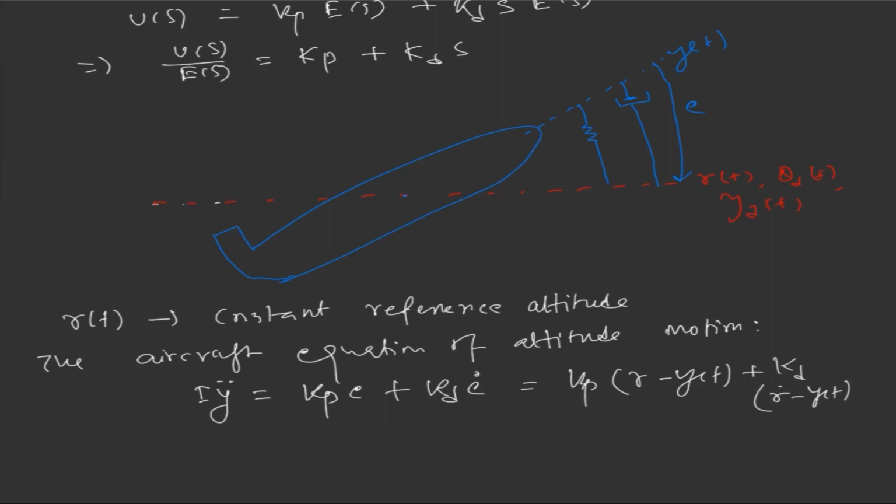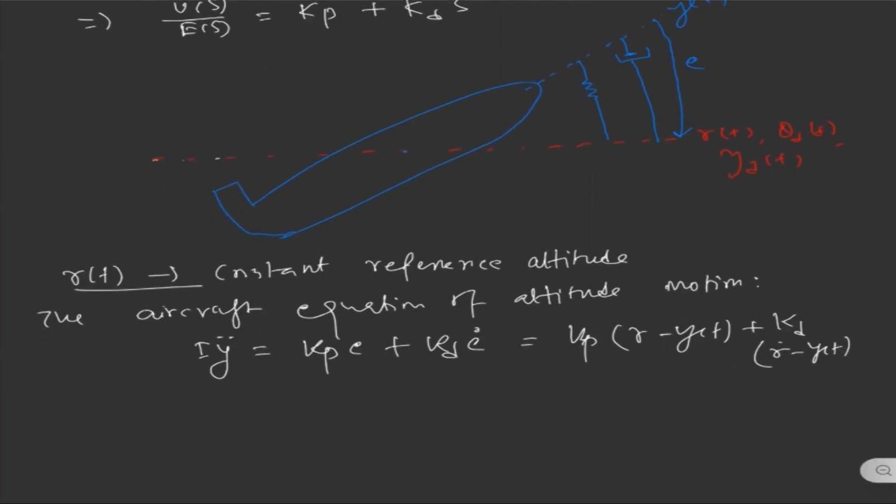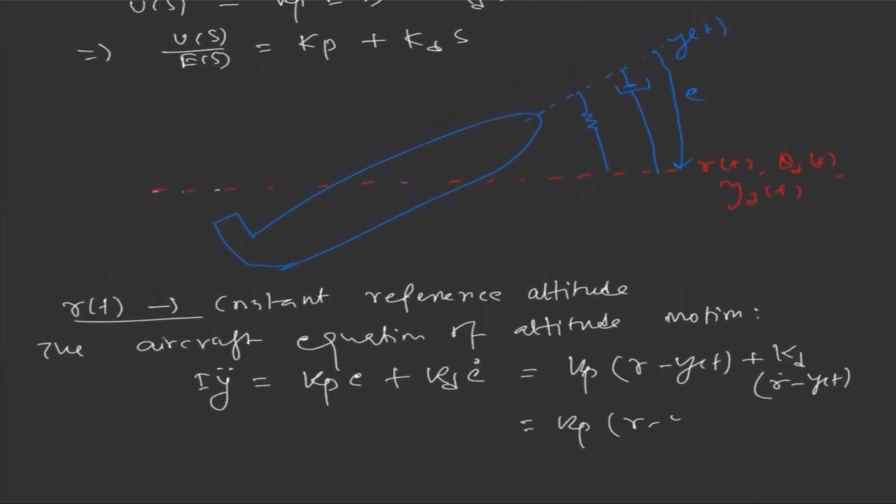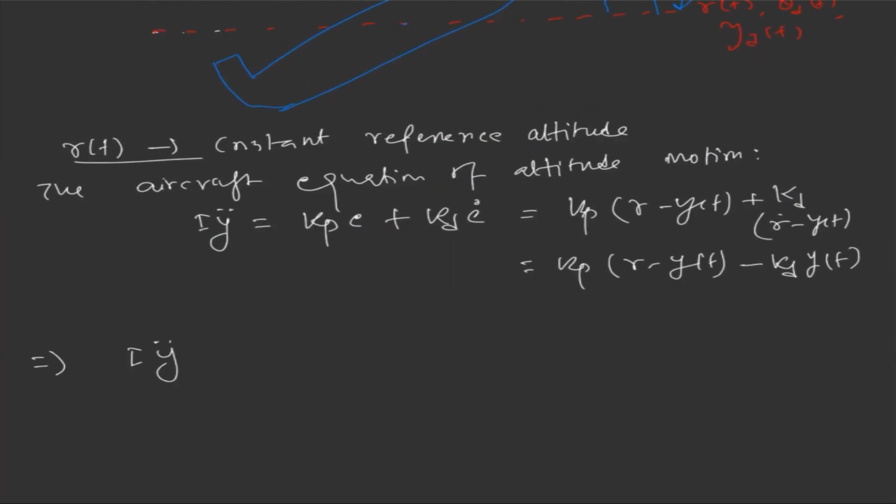So here R is constant, so we can write Kp (R minus y of t) minus Kd y dot of t. So this is the expression we are getting. And further we can write I y double dot plus Kd y dot plus Kp y equal to Kp R.